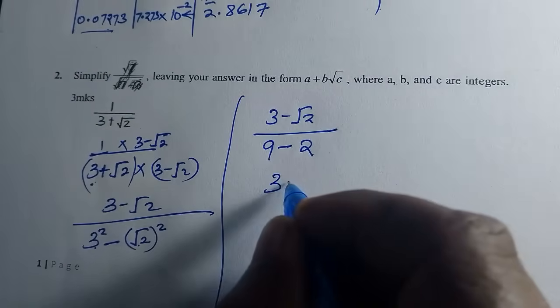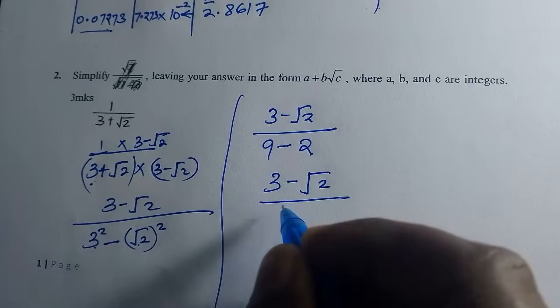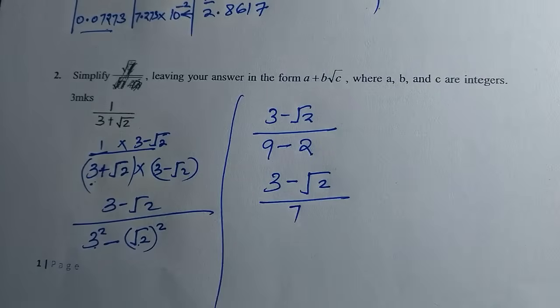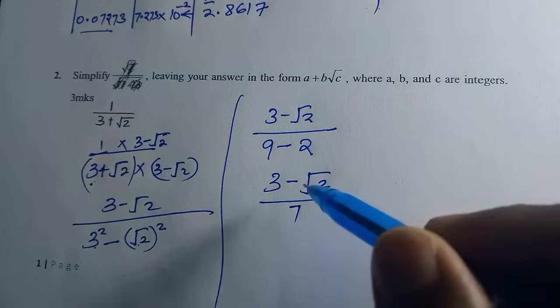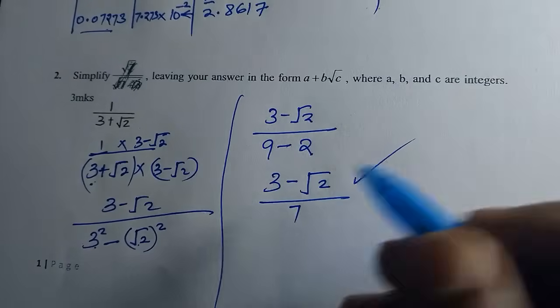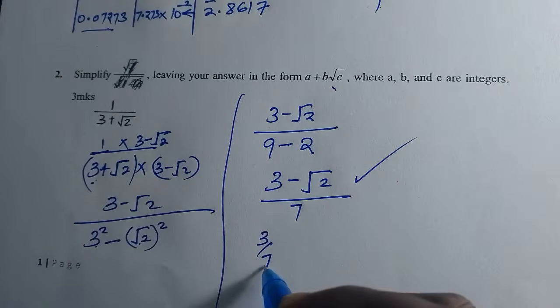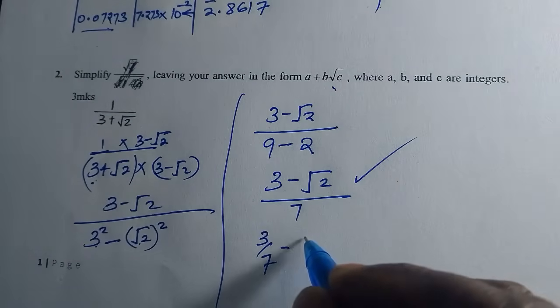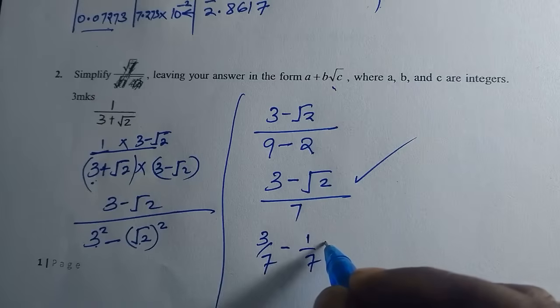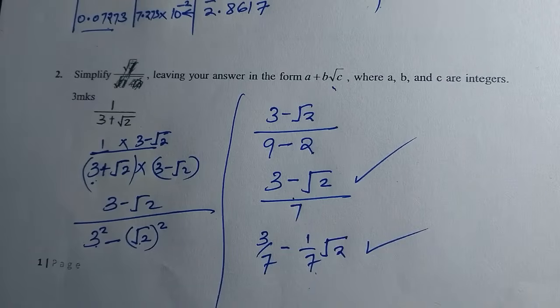So this is 3 minus root 2 over 7. So this answer is okay. But if you want to write it in this form, we will have 3 over 7 minus 1 over 7 root 2. Even in this way, it is still okay. These and these are fine.